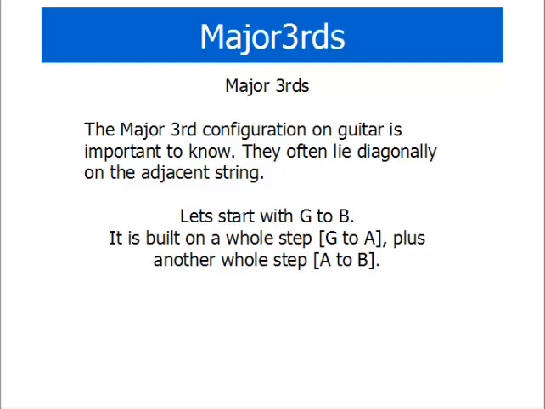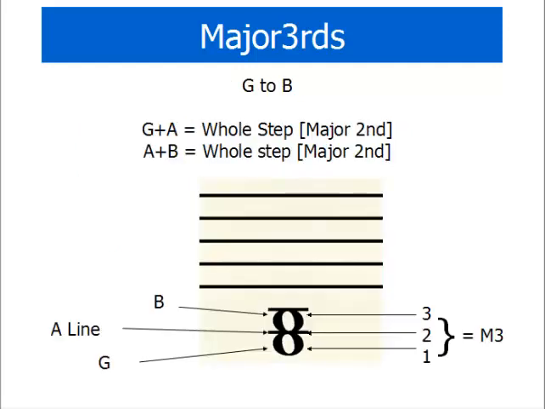So let me show you with G and B, built on a whole step, G to A, plus another whole step, A to B. We can see it here. G plus A is a whole step, a major second. A plus B, a whole step, major second. So whole step plus whole step equals major third.